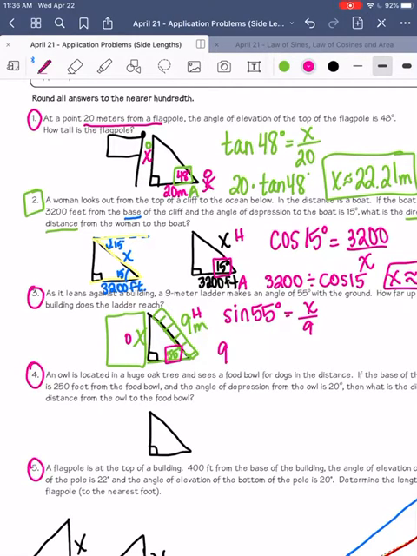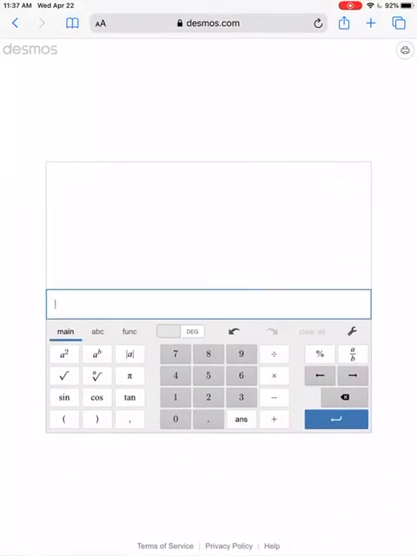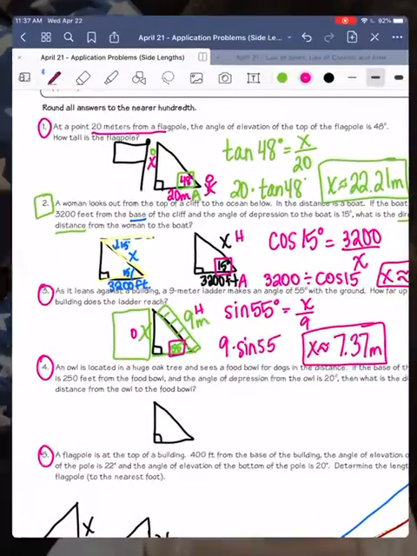So we're going to go 9 times sine 55 in the calculator, and so X is approximately 7.37 meters. Okay, and if I want to, I'll show you real quick. So 9 times sine 55. Okay, that's how we should be typing that in.